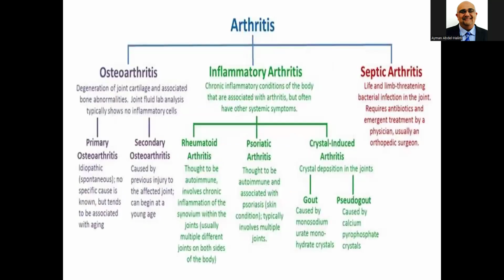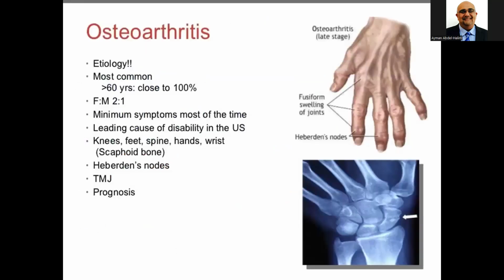Arthritis can be classified into osteoarthritis, inflammatory arthritis, and septic arthritis. Osteoarthritis is the commonest form of rheumatic diseases. Etiology is usually primary, but it could be secondary as well.